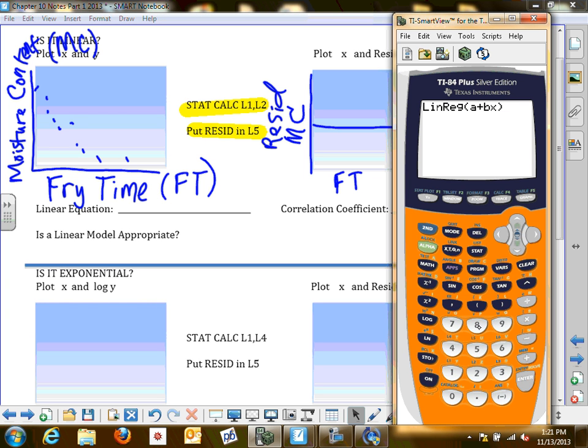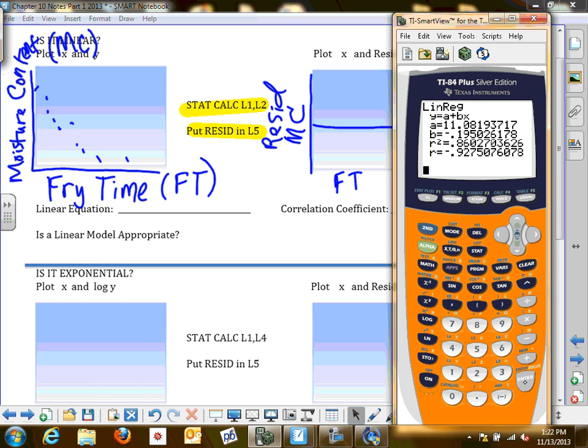If I'm ever wanting to find the equation for another list, which we will be doing today, I'm going to be doing L1, comma, whatever. And today we're going to be doing L1 and L4 later. Okay? But for now, if you do not have those in here, then it defaults to L1, L2, which is what I want right now. So there is our equation.